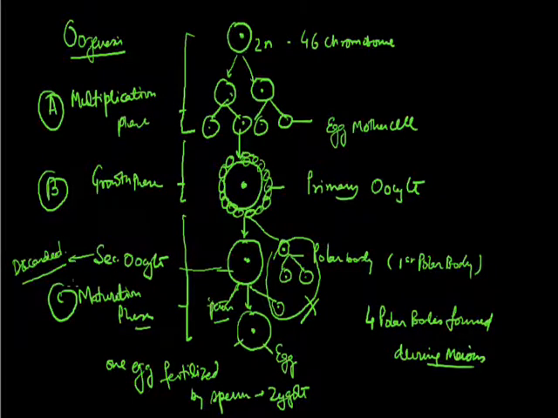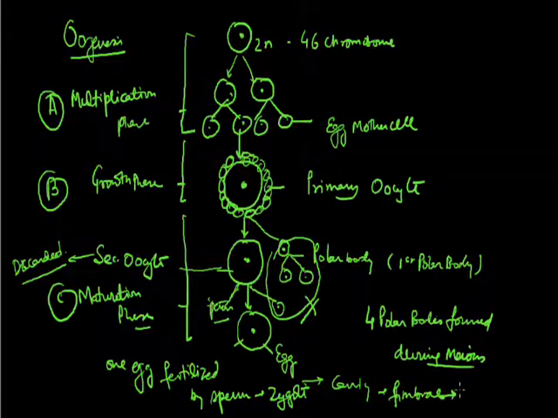This egg is immotile, it cannot move of its own. It is released initially from the ovary into the coelom, that is body cavity, and caught by the fimbriae.